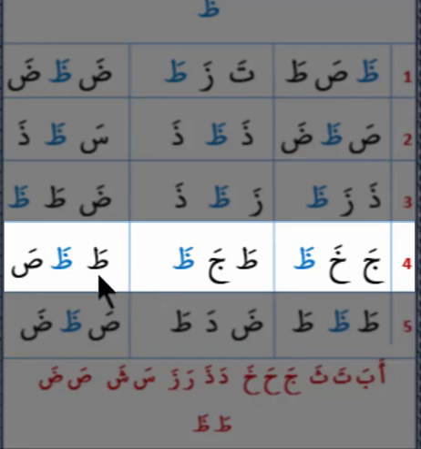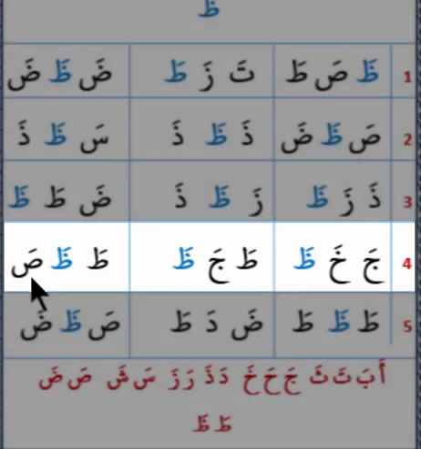Ta, va, sa. Ta, va, sa. Again, notice the difference. Ta, va, sa. Heavy, heavy, heavy.